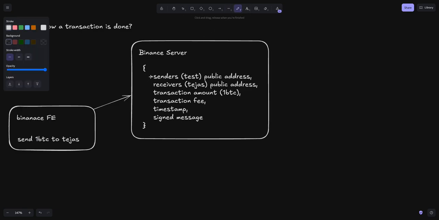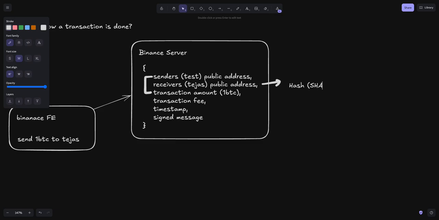How is this signed message getting created? The server takes all the three things and creates a hash with the help of the SHA-256 algorithm.